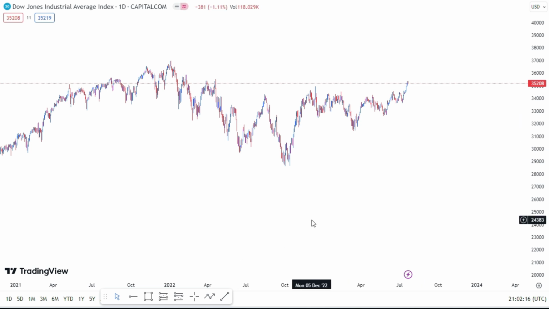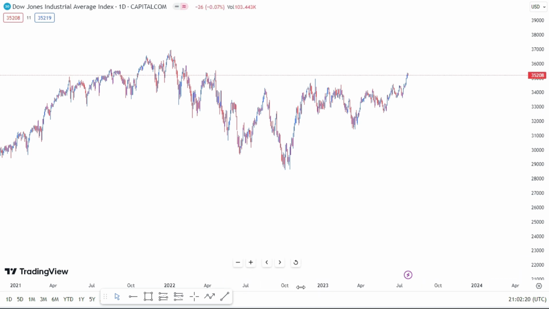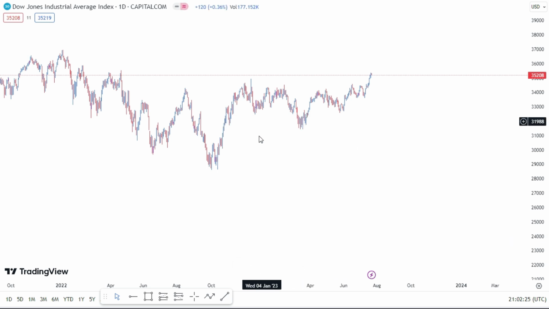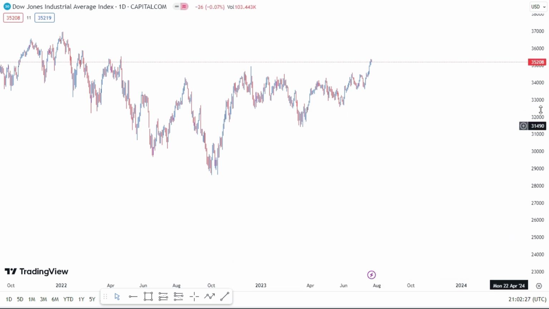Let's get into US30. Okay, so you're on the daily time frame. As you can see on the daily time frame on US30, the market is right over here.